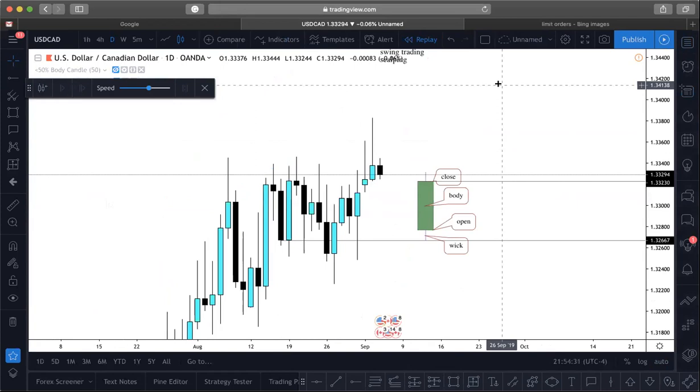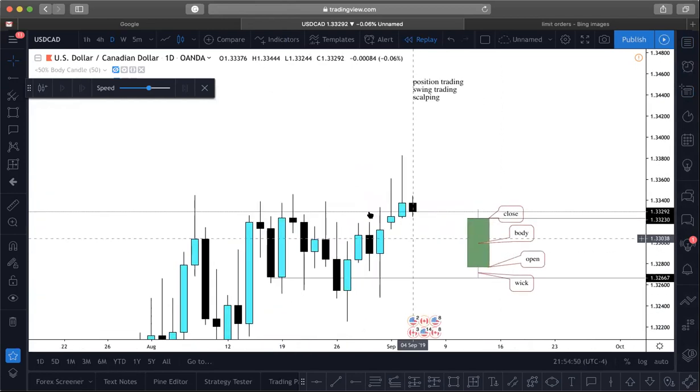I said open and close, but it could either open at the top or the bottom and close at the top or the bottom. It could close in either direction, right?